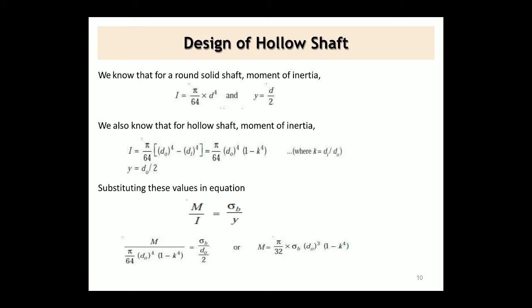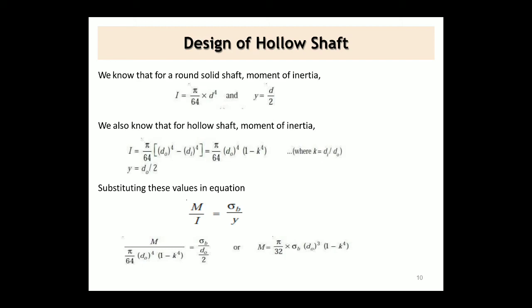Taking do raised to 4 outside, we get pi by 64 do raised to 4 into 1 minus k raised to 4, where k is di by do as we have seen in the last slide, and y becomes do by 2, that is outside diameter by 2.